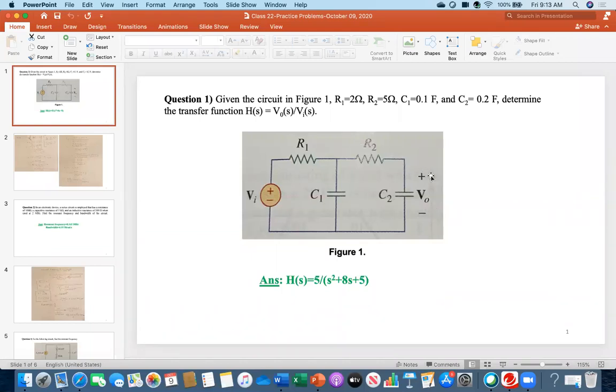This means you have to find the voltage across capacitor C2 and establish this relationship, H(s) equals V naught over Vi. This should be the answer. You all try and see whether you are getting this result or not. So this is one problem.